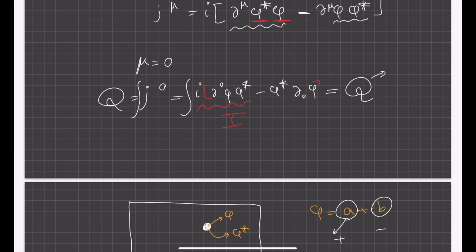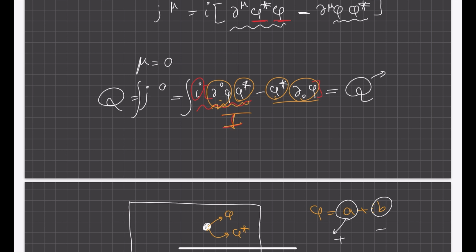So maybe I should put the whole thing in parentheses, because this i is the derivative here. So this first term here can be seen as the field value times the derivative of the field value of the other type. And the second one is the same, some field value times the derivative of the other type of the values.